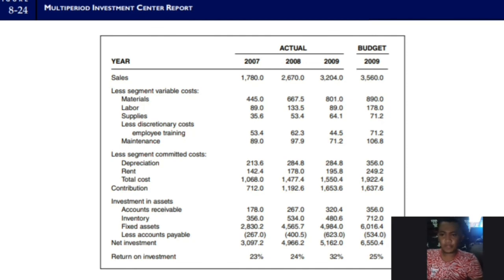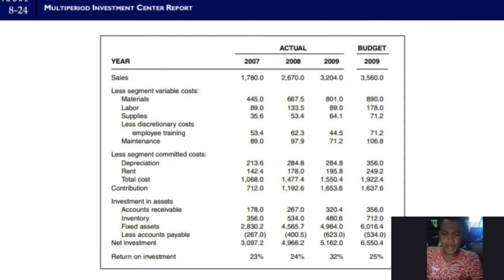In Figure 8-24, notice how actual ROI went up in 2008 and exceeded the budgeted ROI in 2009. On the surface, this looks like favorable performance. However, a closer analysis of the cost and revenue figures gives a different picture. Actual sales were below budgeted sales for 2009, but the shortfall in revenue was offset by reductions in discretionary operating expenditures, employee training, and plant maintenance.